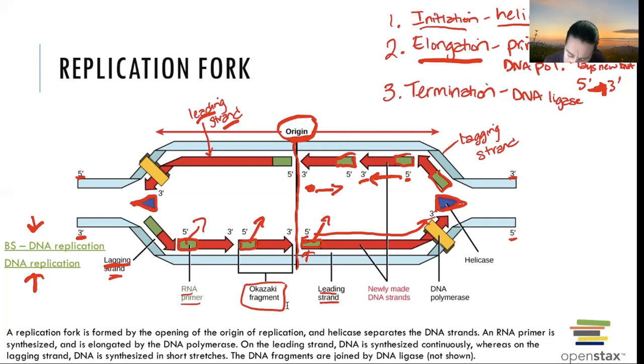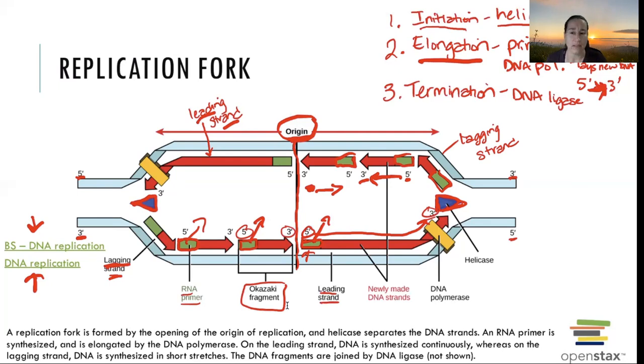DNA pol always lays down 5 to 3, 5 to 3, 5 to 3, 5 to 3 every time. So remember that. Because it lays it down 5 to 3, it's going to have a leading strand and a lagging strand. And on that lagging strand, it's in chunks, it's in pieces called Okazaki fragments.